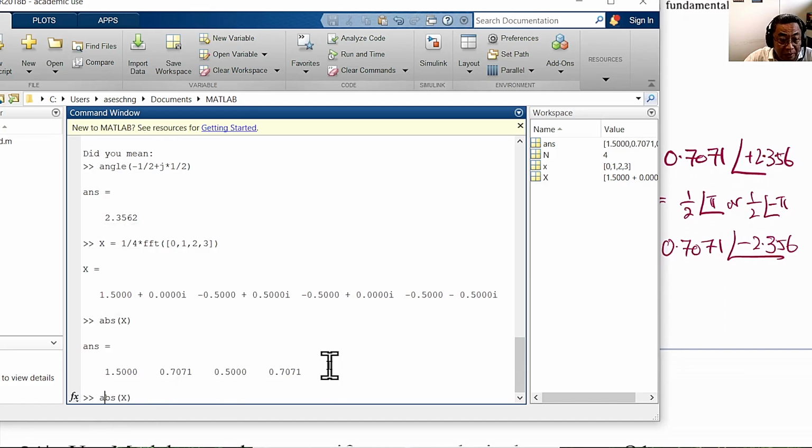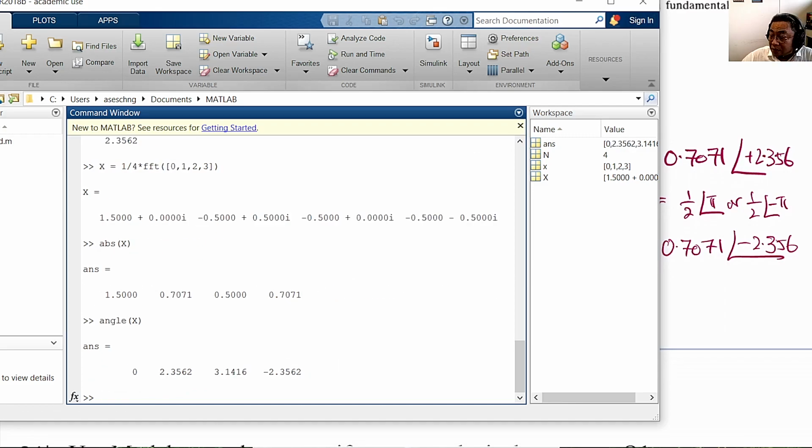Now I want to get the angle of x, and you'll see the first one is 0, second one is plus 2.35, third one is pi, fourth one is minus 2.35. These are the complex conjugates, so the angle is opposite or negative of each other.